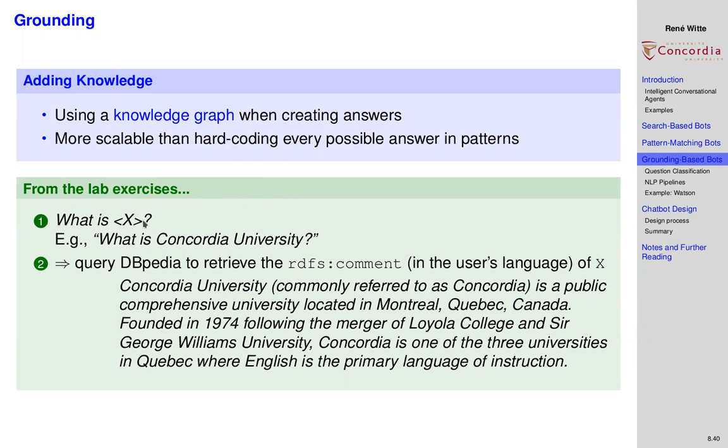So this is asking for a definition, like in what is Concordia University? And then you generate a query to DBpedia to get the comment in the language of the current user for X, and then you get an answer that looks like this. And you have seen that this is basically what Google retrieves as part of the answer when you ask it a question like this.